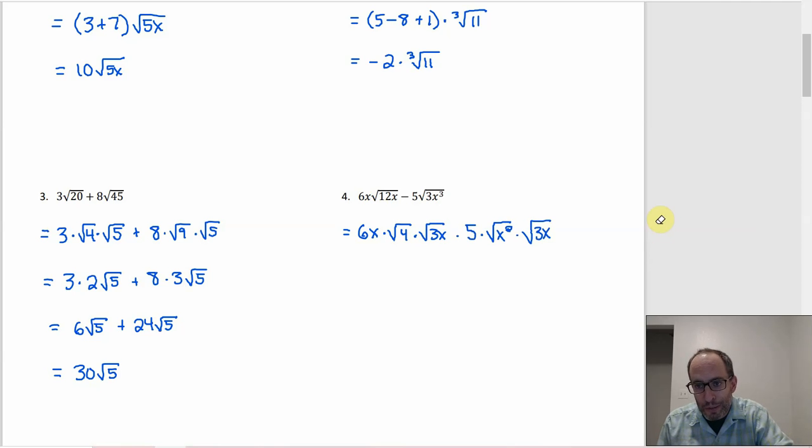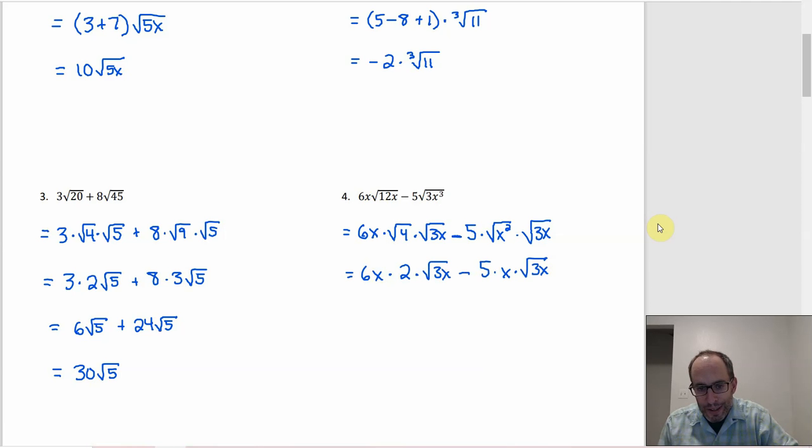That 2 looks terrible. Let me fix that up a little. There we go. All right, so the square root of 4 is 2, so we'd have 6x times 2 times the square root of 3x. And then that should be a minus, not a dot. Minus, there, fixed. Then minus 5 times x times the square root of 3x.